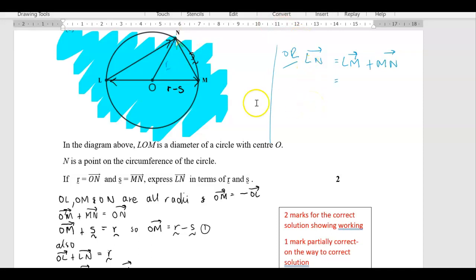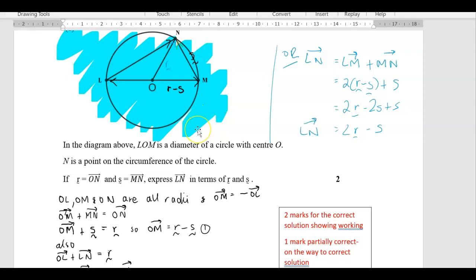LM, we talked about this right at the start. L to M is twice the length of O to M. So that is 2 lots of vector R minus S. And we know that M to N is S. So if I just multiply out by 2, I'm going to have 2R minus 2S plus S. So that's 2R minus S. And that's an answer for vector LN.